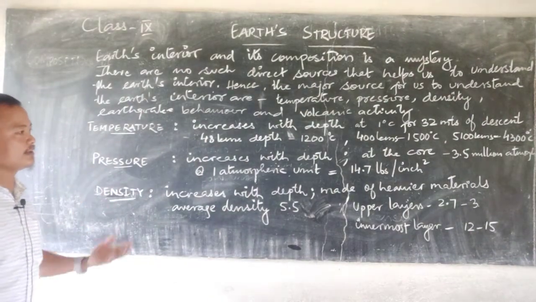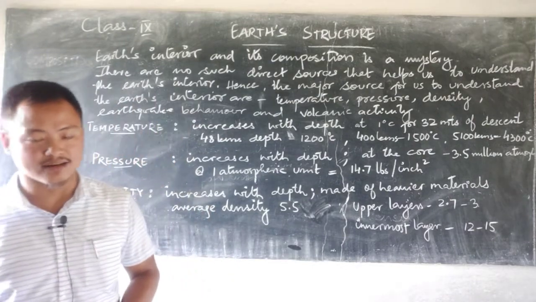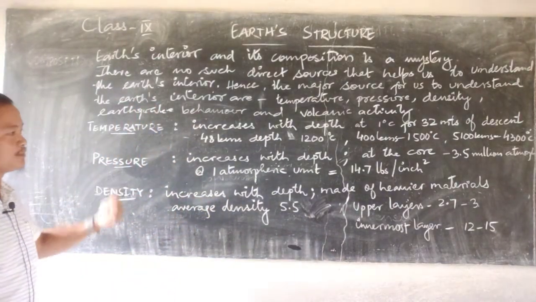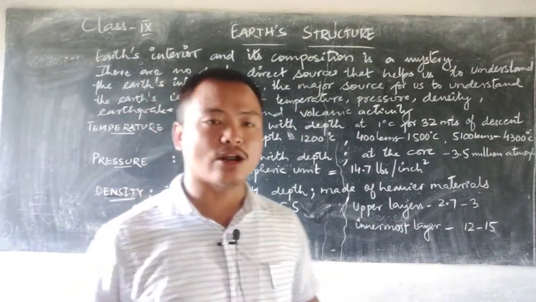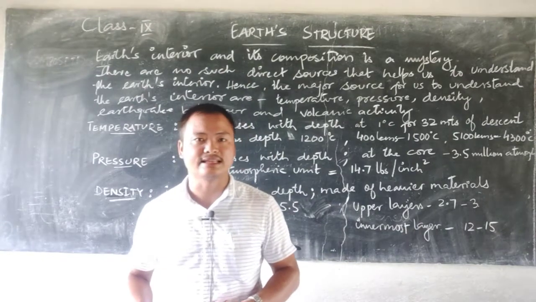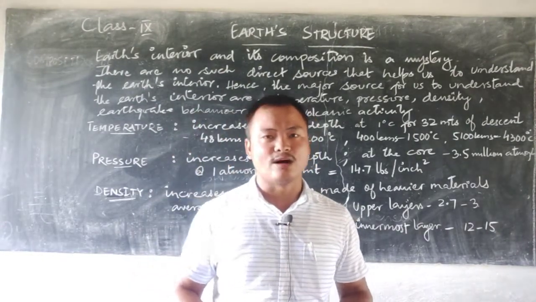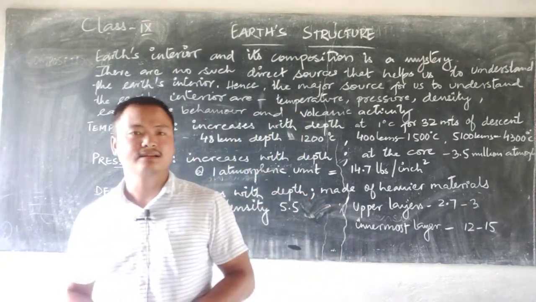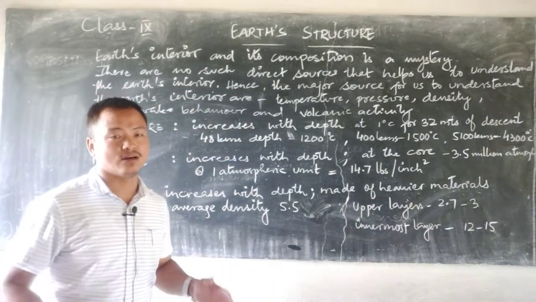The pressure likewise increases. We must have studied that pressure and temperature are inversely related, but here the temperature is increasing, and at the same time the pressure is also increasing because of the overlying layers. The crust where we stand is the outermost layer, but there are layers beneath this crust which feel the pressure of the overlying crust.